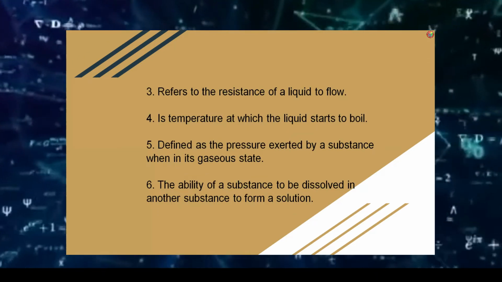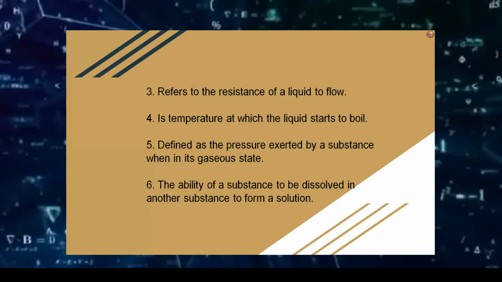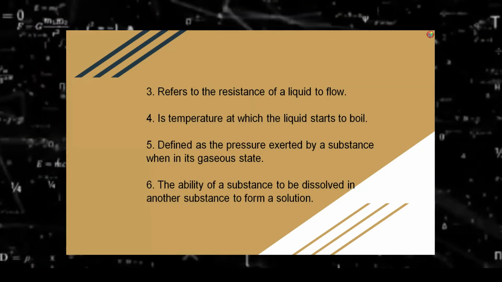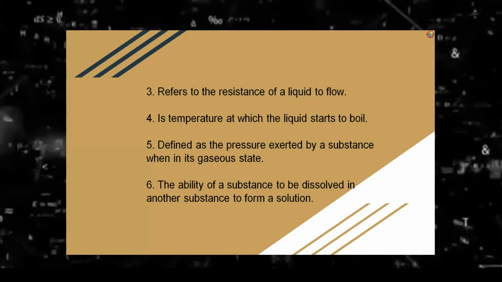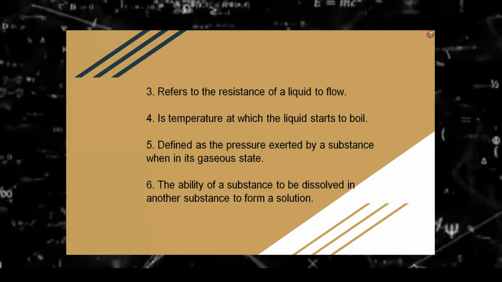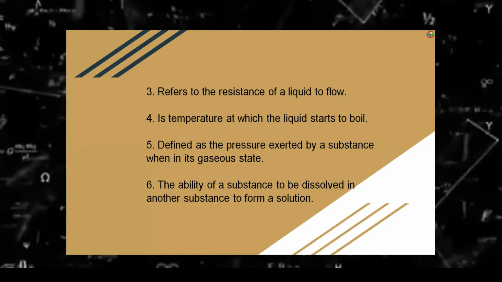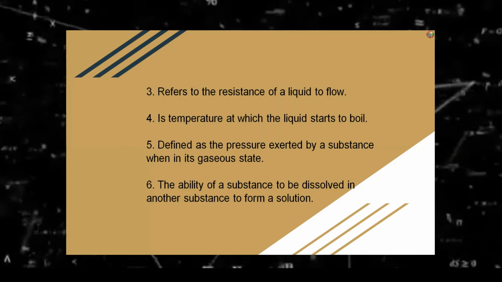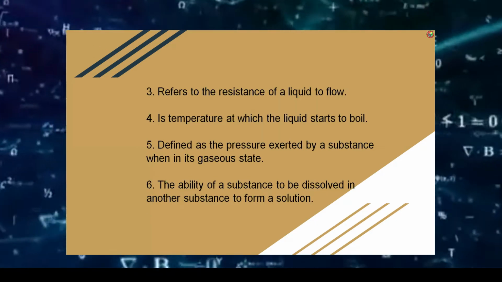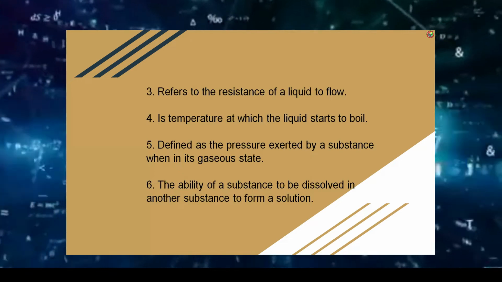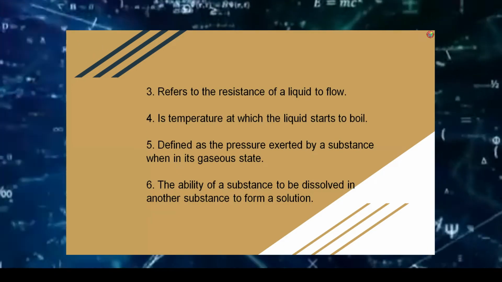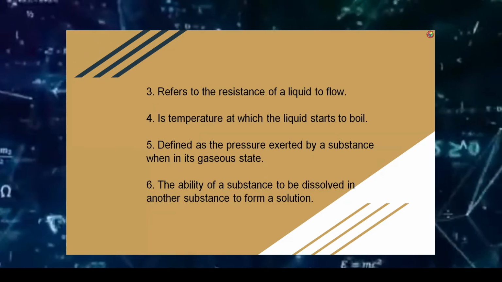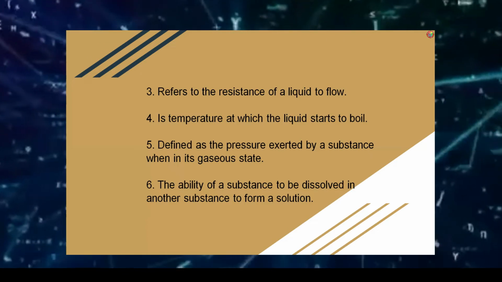Defined as the pressure exerted by a substance when in its gaseous state. 6. The ability of the substance to be dissolved in another substance to form a solution. The answer for number 3 is C, 4 is A, 5 is D, and 6 is B.